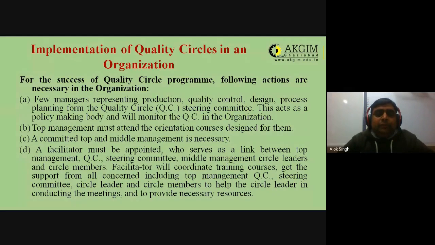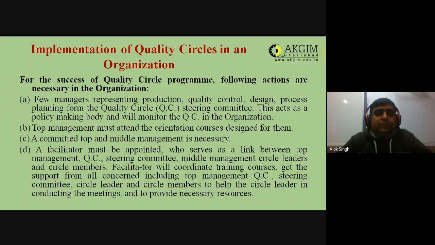Means first the managers from production, quality control, or different departments form a steering committee that will lead those quality circles. So this acts as a policy making body and will monitor the QC in the organization. Means one steering committee would be there, and that will consist of all the area heads of different departments.